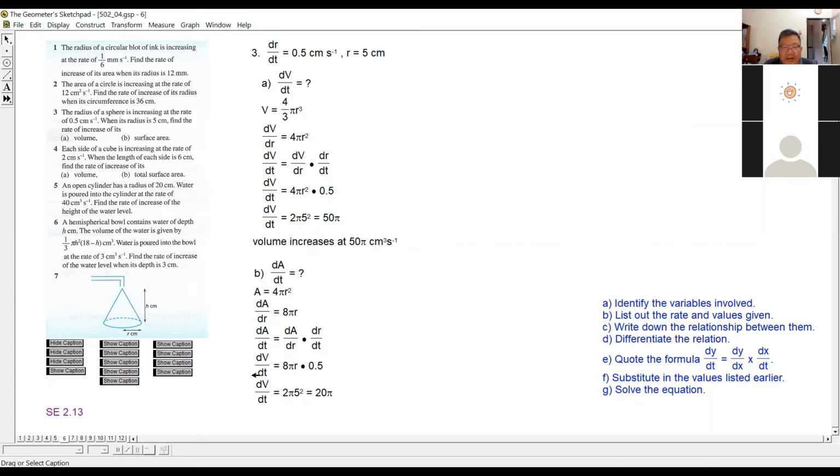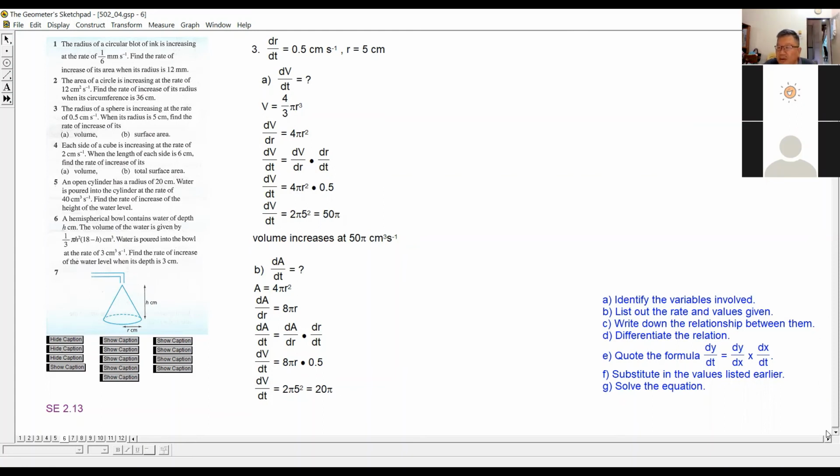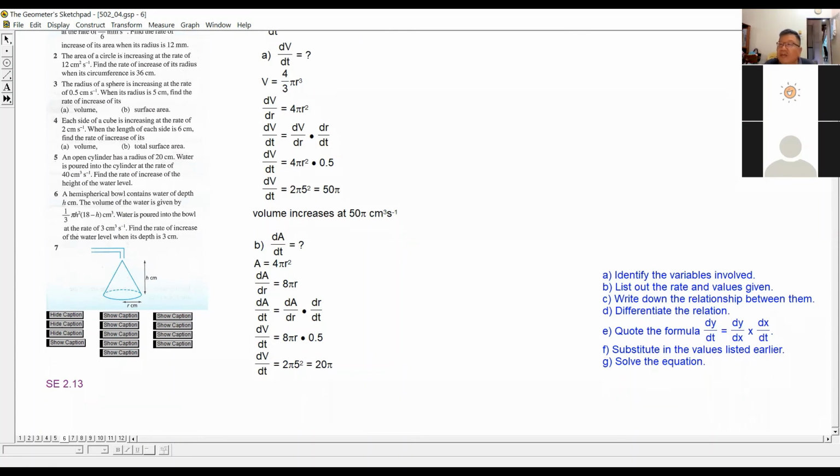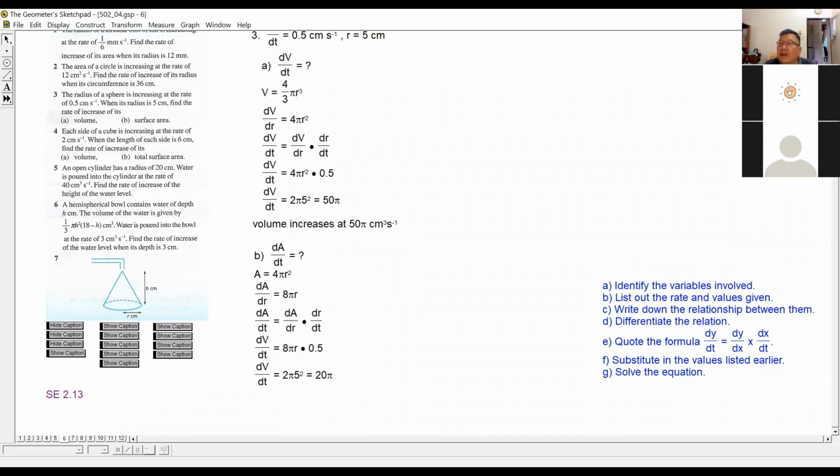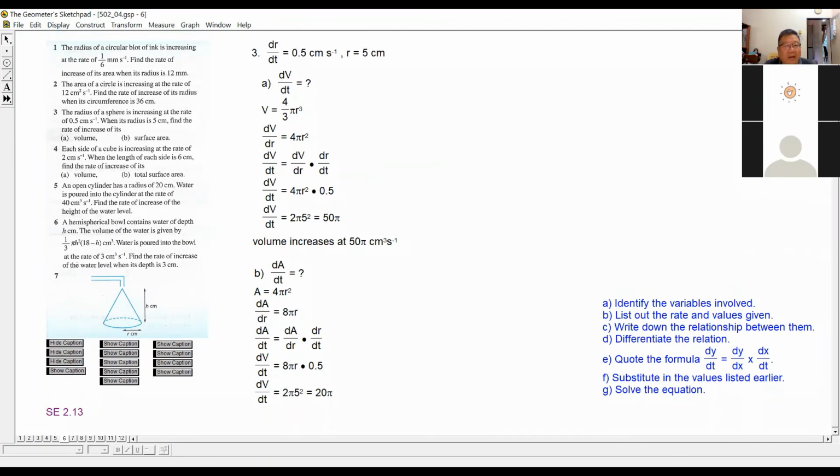Can you interpret this? Can you tell me what is the meaning of this? You have to write out the meaning, you know. The rate of change of what? Teacher, total surface area. Not right, dA over dt. Yes, sorry, correct, it's dA.